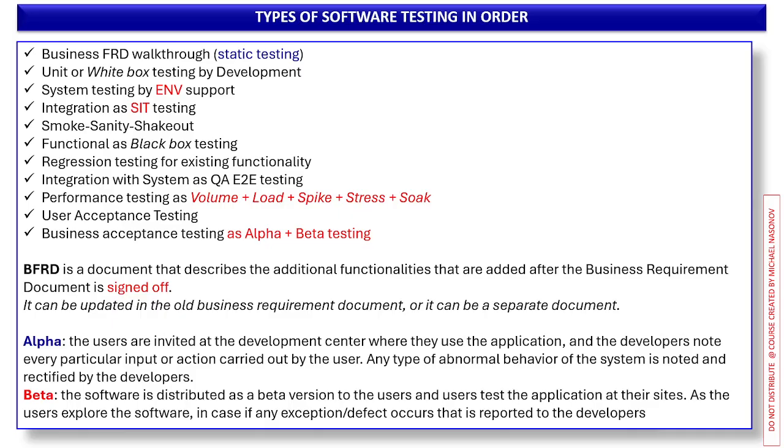After environment support runs system integration testing for you, you are ready to start your project testing phase. You start with so-called smoke or sanity or shakeout testing, which means you're supposed to test the testing environment provided for you by running a few major end-to-end tests.